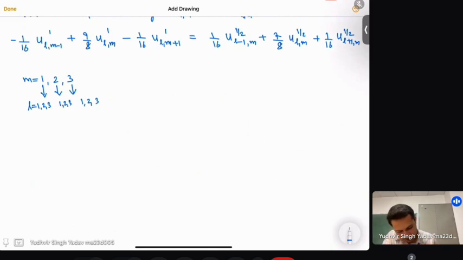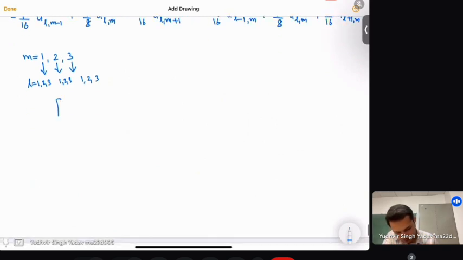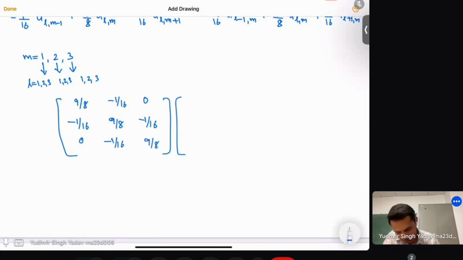So if I write for the first one, you will get a system of the form 9 by 8, minus 1 by 16, 0; minus 1 by 16, 9 by 8, minus 1 by 16; 0, minus 1 by 16, 9 by 8, times u1 comma 1 1, u1 comma 2 1, u1 comma 3 1.